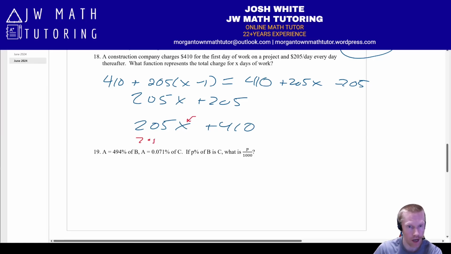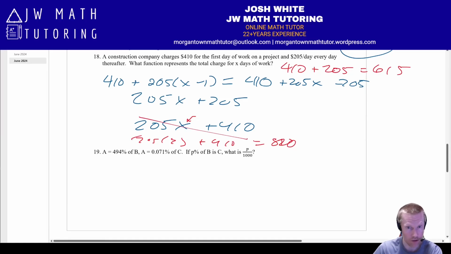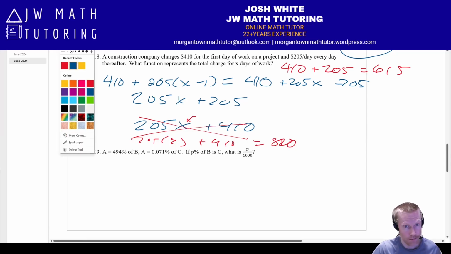If you do 205 times 2 plus 410, you're going to get 410 plus 410, which is 820. That does not match what 2 days of work should cost according to the problem. 2 days of work would technically be 410 for day 1 plus 205 for 1 day after that, which would be 615. So this is wrong. Do not fall for that. Do not select that as the correct answer.